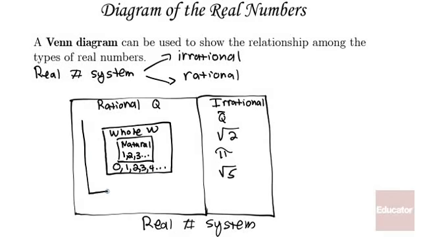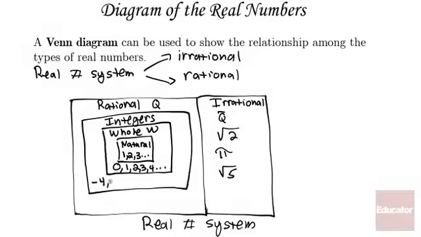Next are the integers. The integers include natural numbers, whole numbers, and also negative numbers. So 0's included and on. Okay.